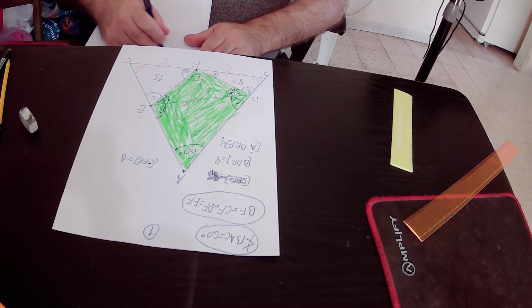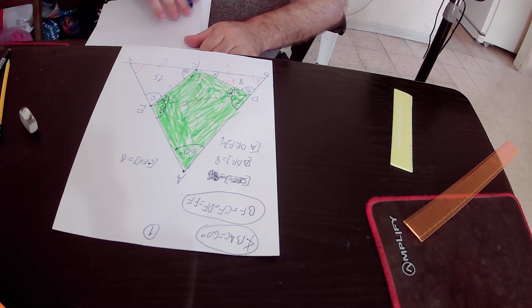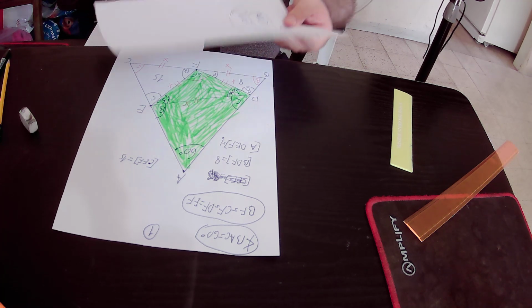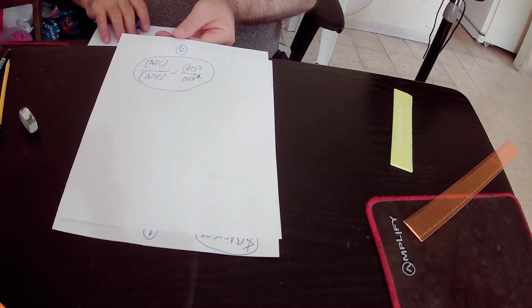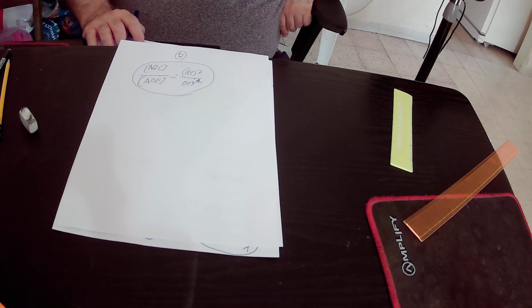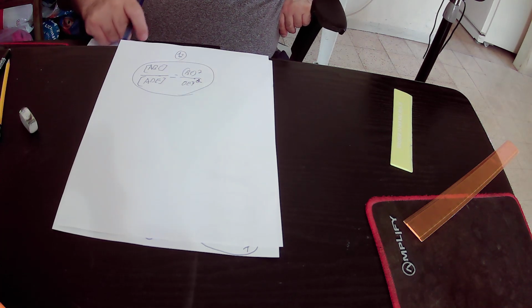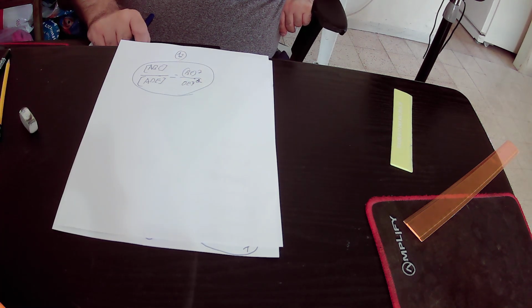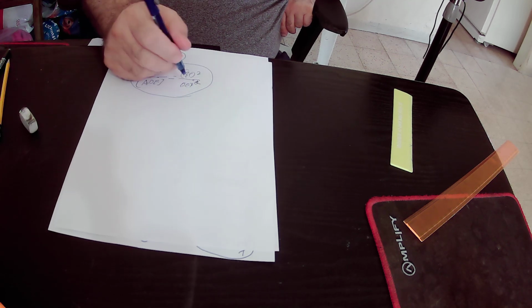Again, the area of triangle ABC over the area of triangle ADE equals BC square over DE square.